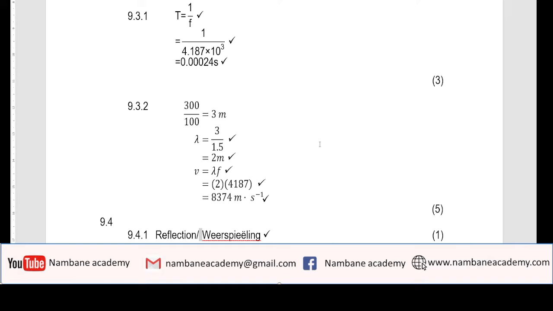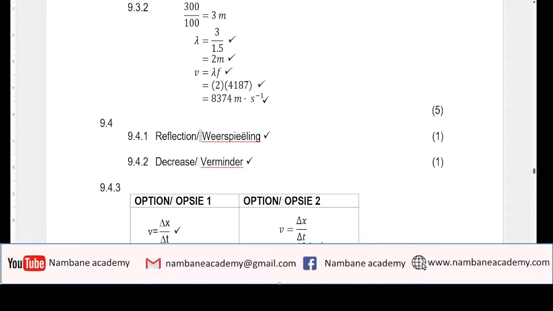If you took it out of scientific notation, then you get 8,374 meters per second. So 1 mark for the 3 over 1,5, 1 mark for the answer with the unit, 1 mark for the formula of the wave, 1 mark for the substitution, and 1 mark for the answer, which equals 5.